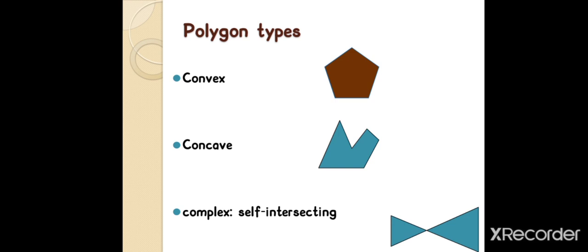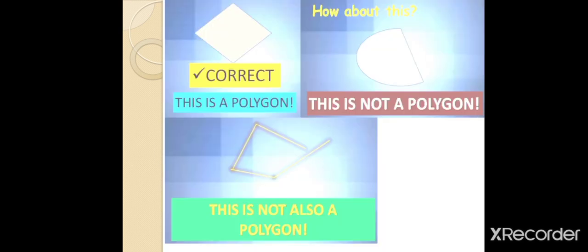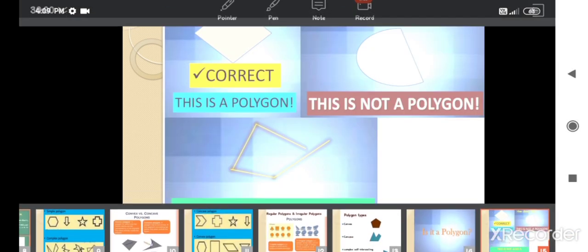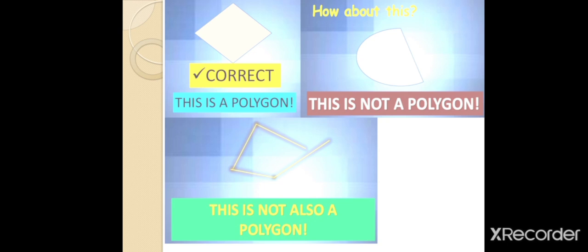So here the polygon types included in our syllabus are convex, concave and complex, which we have covered. Next, is it a polygon? We have to check for that. First, whether it is a polygon or not. According to the given condition, it is made up of straight lines.